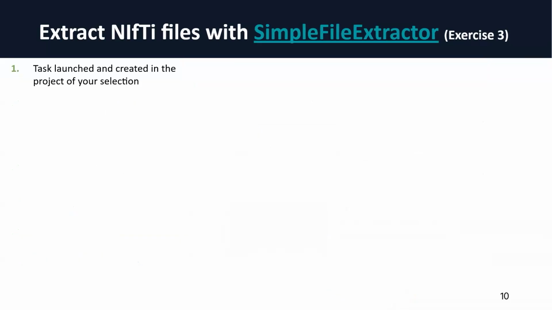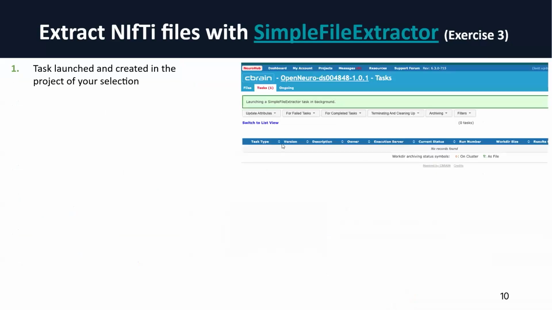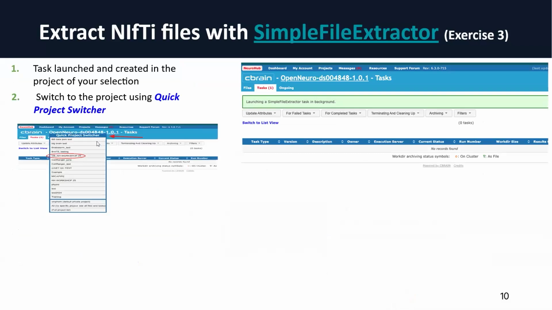Now the tasks are launched, and they are created in the project of your selection, because now we switch from the open data project to your project where the tasks are launched. You have to go back to the project where you ran the task. You can use the quick project switcher, you just click on it and select the project where you want to go.